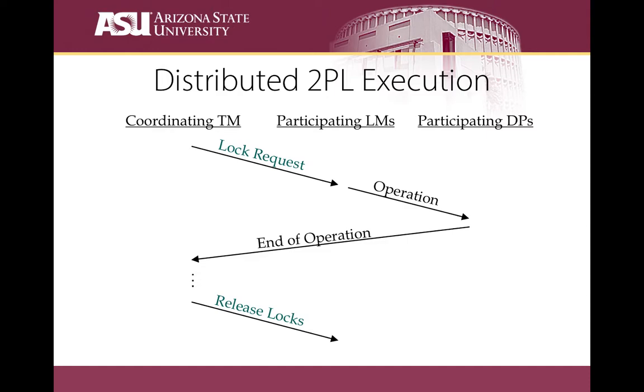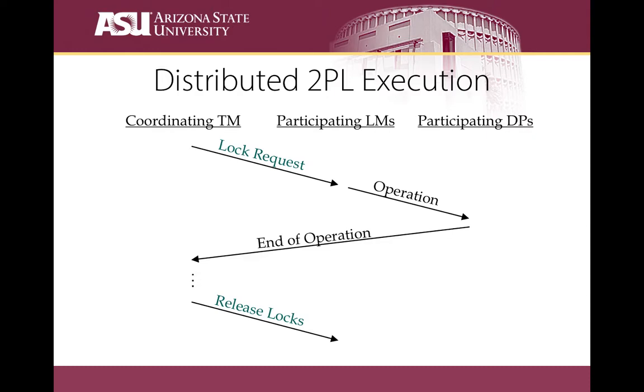In this case, the participating lock manager doesn't need to go back and send the grant lock message to the coordinating transaction manager. It can do that directly and ask the data processor to do the operation. Right?